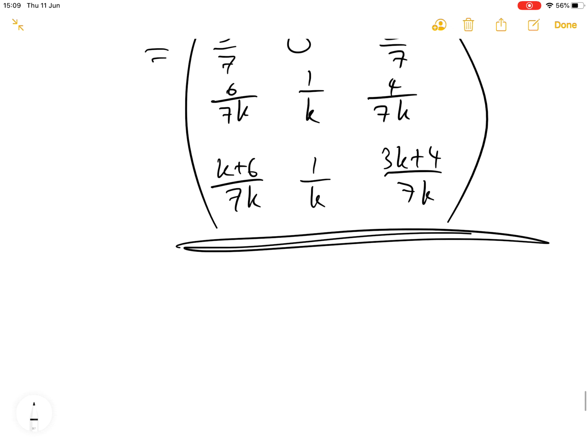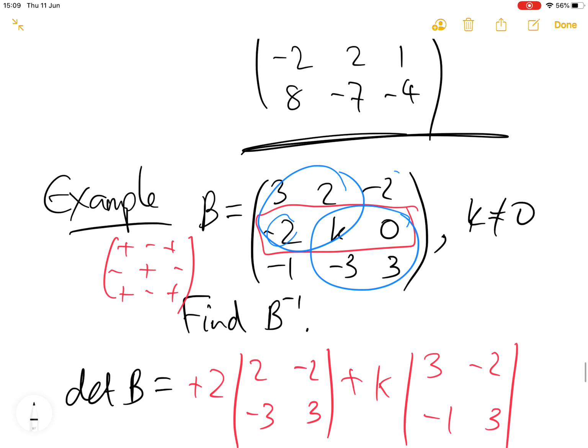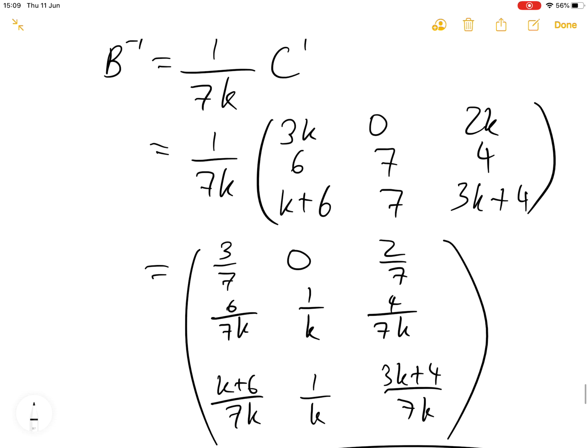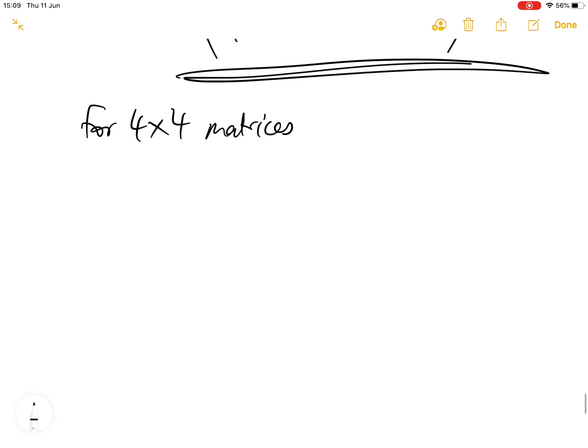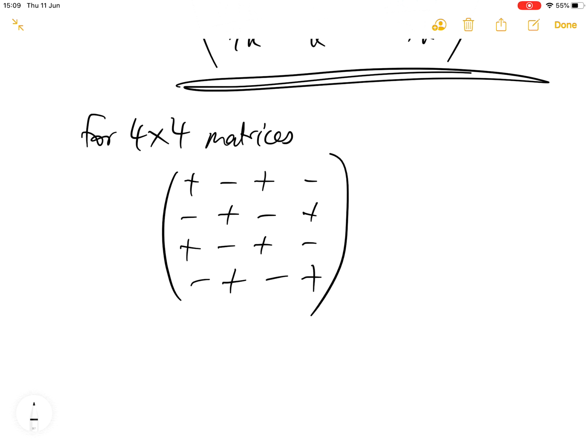But note for larger square matrices, for example, if you had a 4x4 matrix, the procedure is virtually identical to this. You do exactly the same thing to find the determinant, and the procedure for the inverse is the same. The only difference, really, is that your plus minus plus diagram is a bit more complicated. Instead, the pattern you use is this.